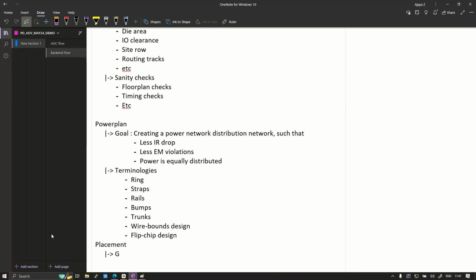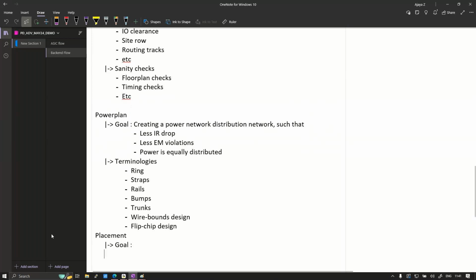So while placing these standard cells, we have certain observations or tasks which the tool should do. Currently in our design we have 52K standard cells. When you go to industry, there will be complex circuits with 2 million, 3 million cells, and that count will be very hectic.